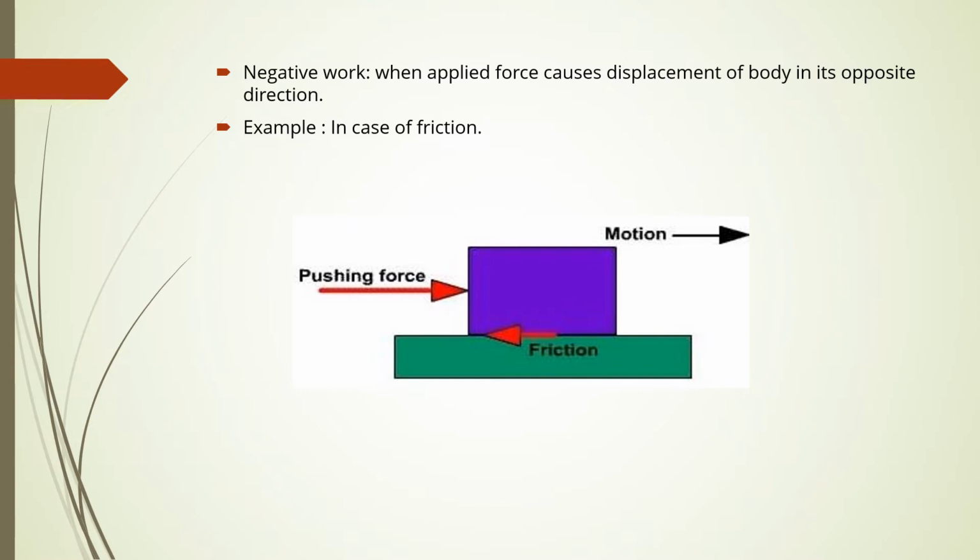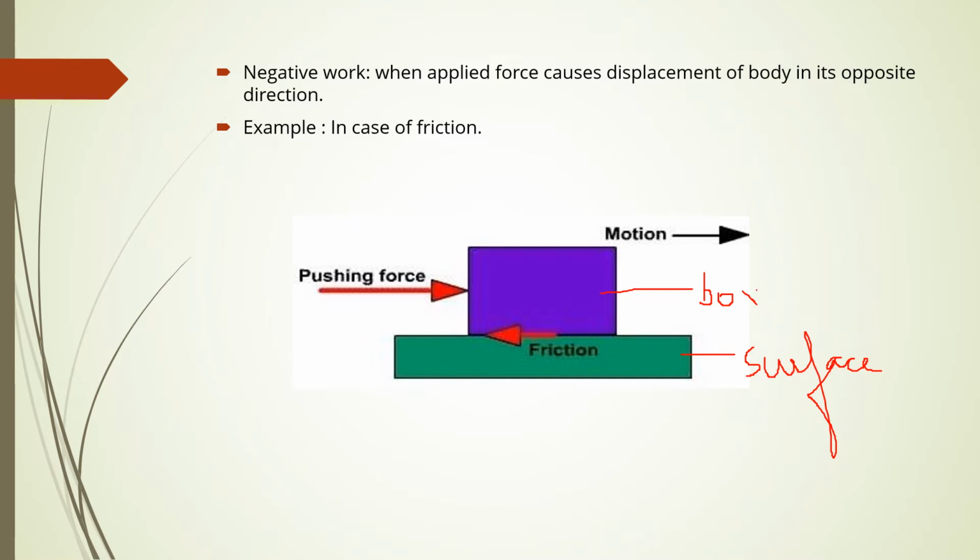Just think about the friction. See, here we are going to push a box which is blue in color, and in the green color we have the surface. This is the box and this is the surface. Here the direction of the force is already given.